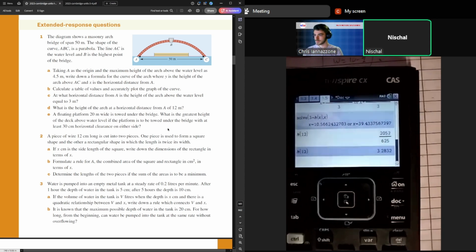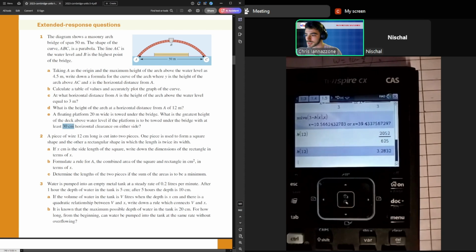So basically, you do horizontal distance from the center. So 20 meters wide, meaning you do 25 meters and you do 15 meters on each side. Well, this one does say 30 centimeters for horizontal clearance. So if it's asking for 30 centimeter clearance, then you'd say 14.7 meters subtraction from 25, because you would restrict your domain to a lesser amount to the maximum height of that point.